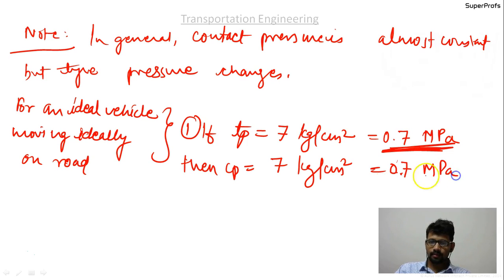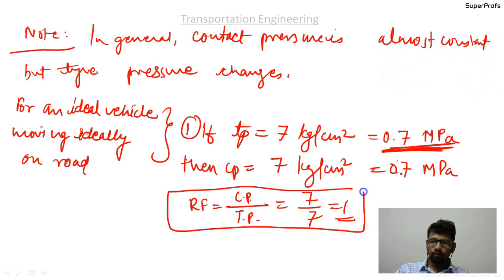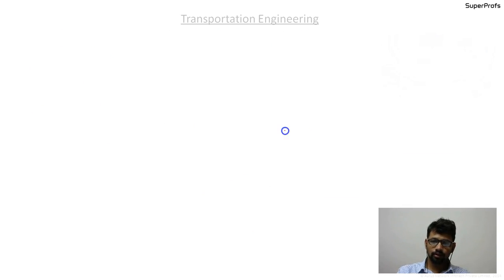That means rigidity factor, which is Cp upon Tp, is equal to 7 by 7 equal to 1.